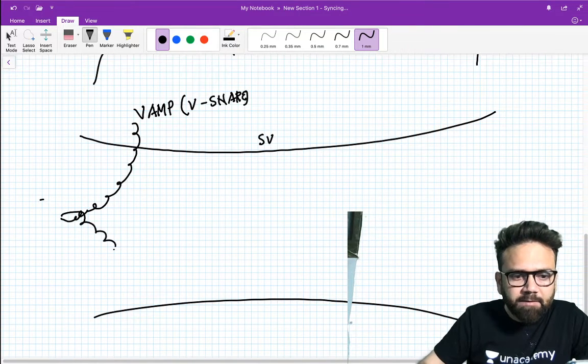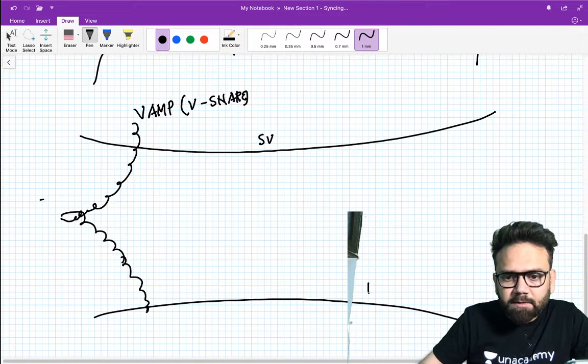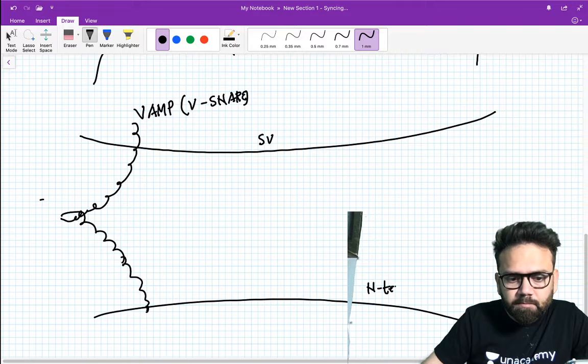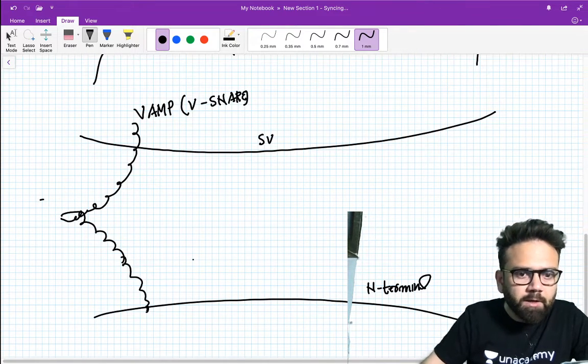Then it binds with the protein of the nerve terminal, which is syntaxin.